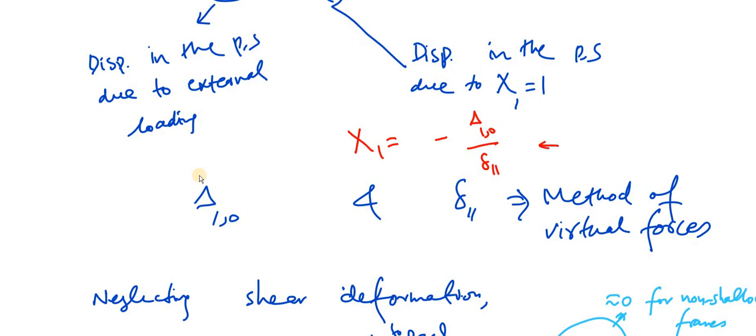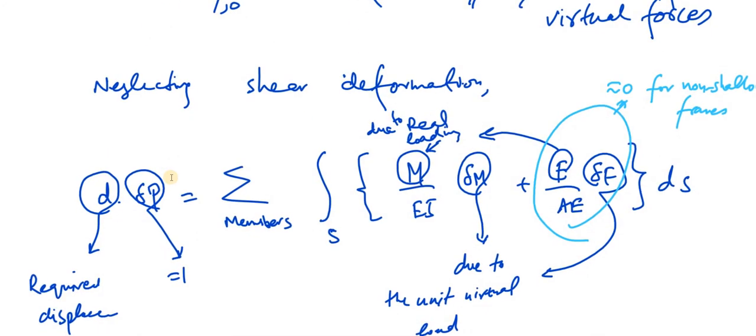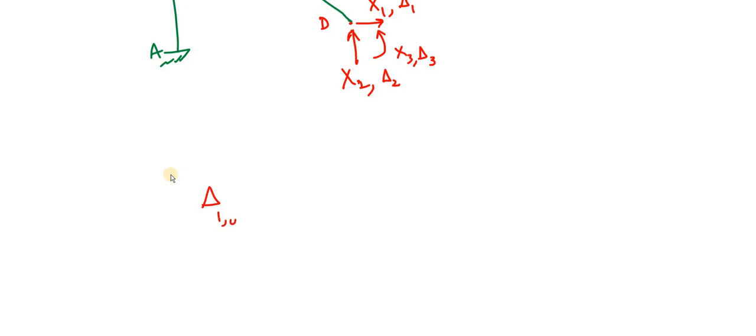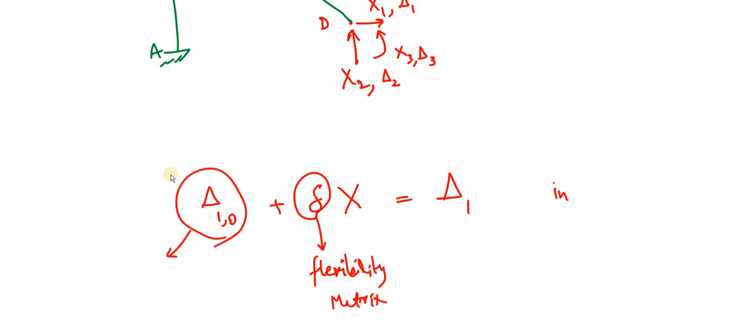So instead of a single equation this time, we will have a system of three equations which we can represent in the matrix form as this: delta 1 naught plus small delta x equal to delta 1. Now these are all matrices. So this is the flexibility matrix, and this is also a matrix, this is also a matrix, and this is also a matrix.